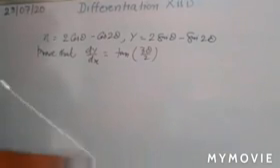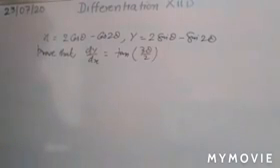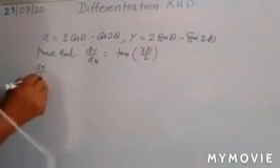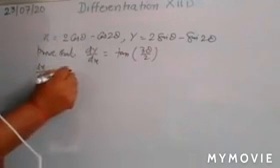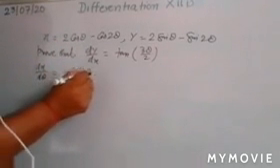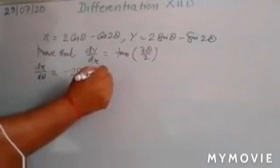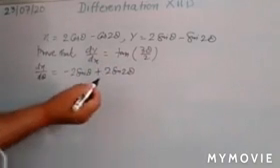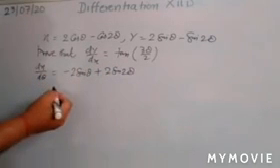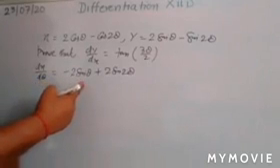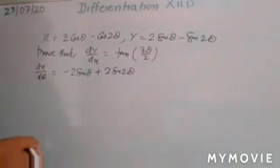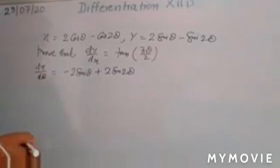Taking the derivative with respect to theta, dx by d theta is equal to minus 2 sine theta plus 2 sine 2 theta. Understand?